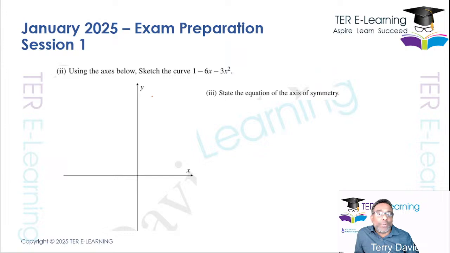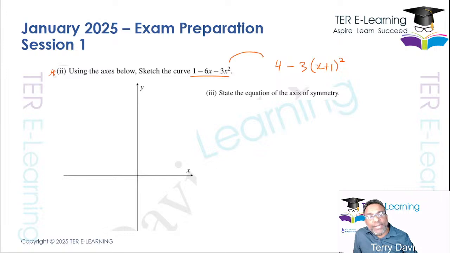The next part of the question, they want us to sketch on the axis below what the curve is. And then we also want to be able to state the axis of symmetry. Now, so we have 4 minus 3. So the equation is this. 4 minus 3 by x plus 1 squared. Now this is the completed square.